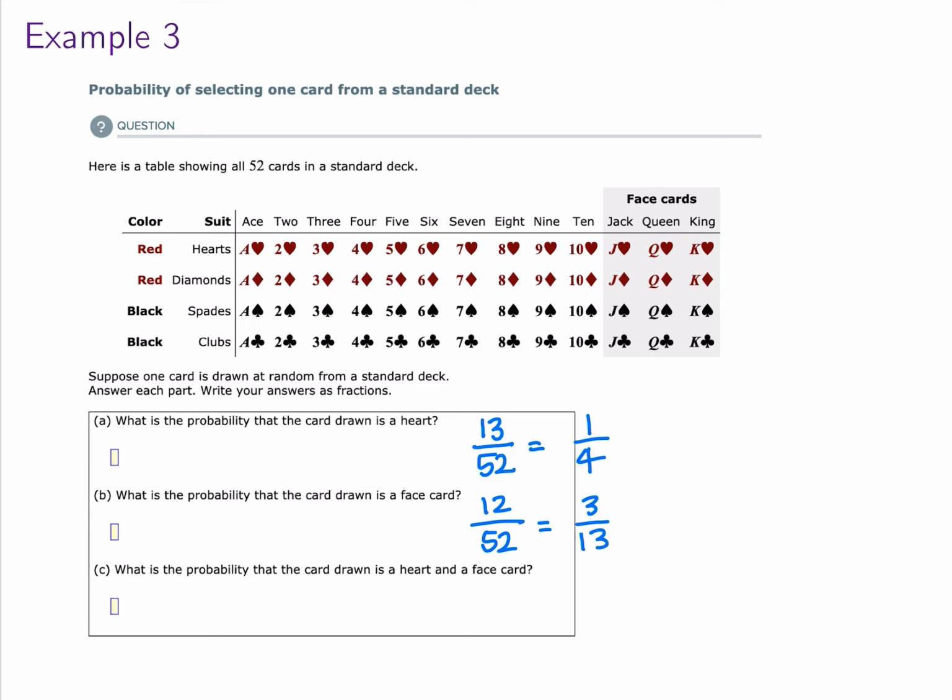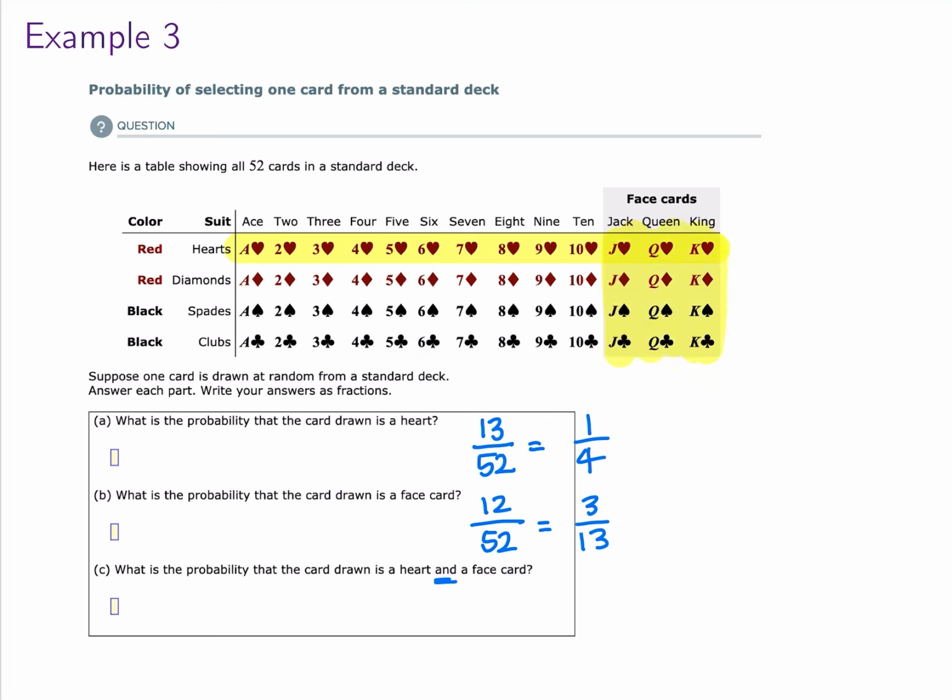And now the last question says, what's the probability that the card drawn is a heart and a face card? So we need to see what the intersection is of hearts and face cards. Hearts is the top row, and face cards are all of these last 3 columns.